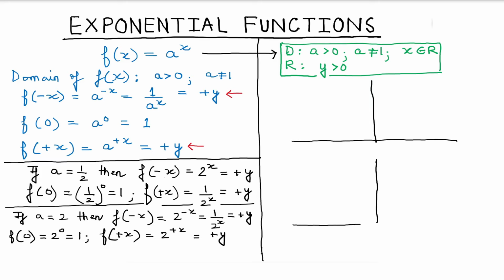You know how to draw the graph, but here we will be adopting a maturer approach, which says we'll take three values: x is equal to 0, x is equal to minus 1, and x is equal to plus 1. These are three values that we are going to take for both the graphs.